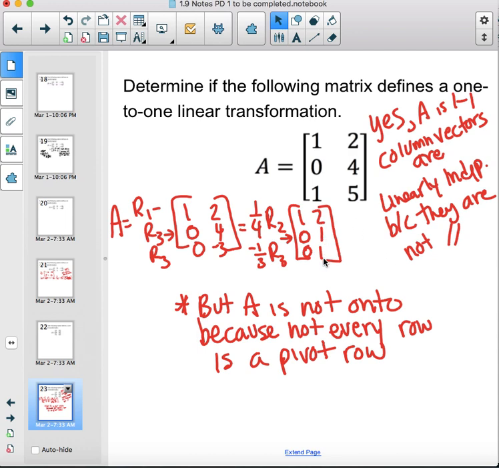And since column 2 is not able to be a scalar multiple of column 1, we know they're linearly independent. However, is A onto? We would say no, because there's only a pivot in the first and second rows.